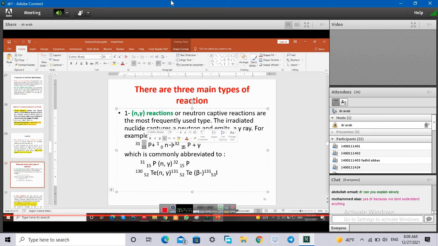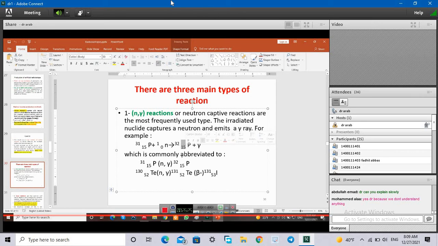mother and produced daughter is the same, and we can conclude the produced radioactive daughter in this reaction does not have high chemical purity, because the atomic number of mother and daughter is the same and we cannot easily separate the daughter from the mother.